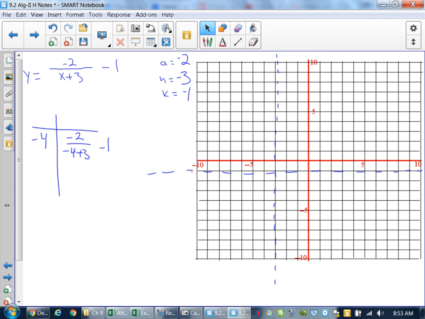Well, what's -4 plus 3? It's -1. What's -2 divided by -1? 2. What's 2 minus 1? 1. So that means at -4, it is at 1. See what I'm doing? I'm picking numbers that are easy to work with, just finding out a couple of values: -4 and 1. Okay.